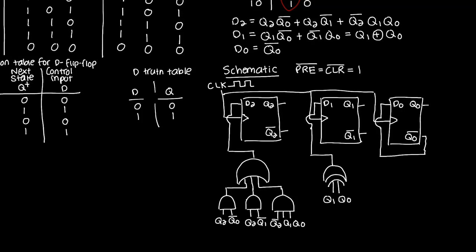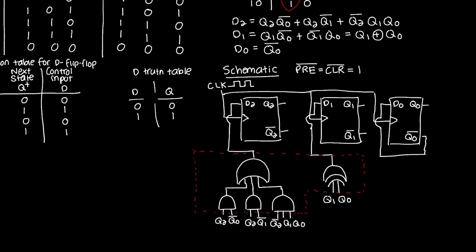Now, what do we want to say about this? First, I want to show you how this works at a high level. I want to zoom out and see how it works. So I'm going to draw this box around all these logic gates, and I'm going to call this box the control logic.